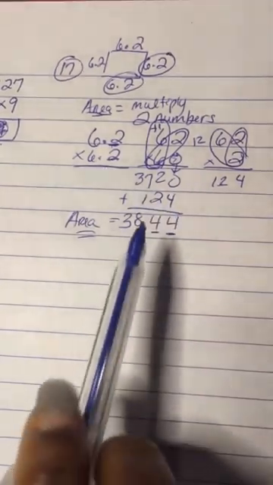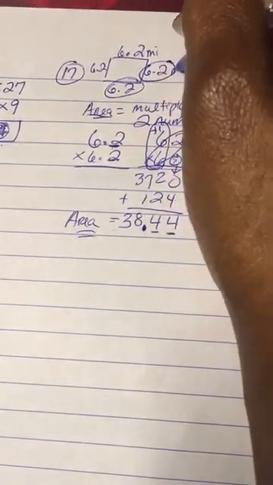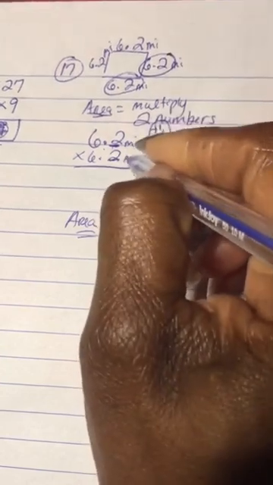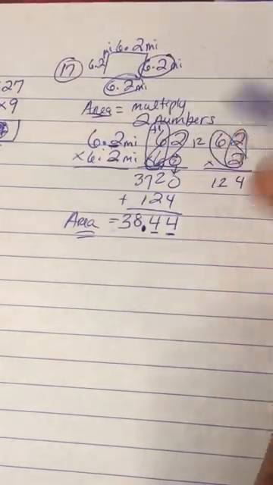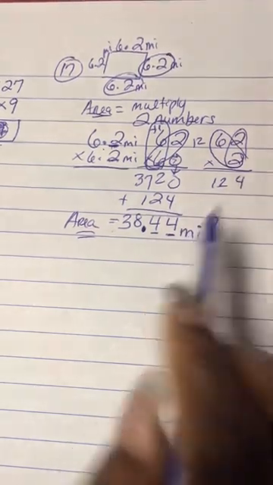Now, you have to remember that the units, this started off as miles. So that's miles, miles, miles, and miles. When I multiplied 6.2 times 6.2, that had miles and that had miles. So it had 2 mi's. So mi to the second power, which means squared.